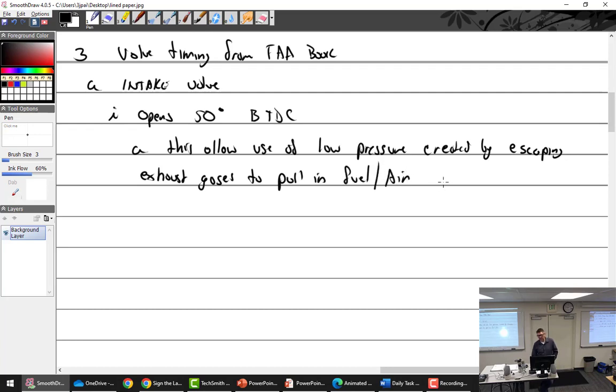So that's fuel/air, also FA. So you can do the same thing. FA mixture.